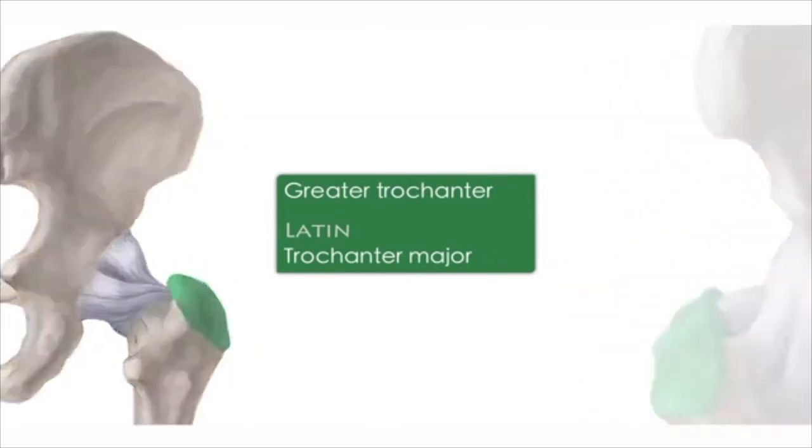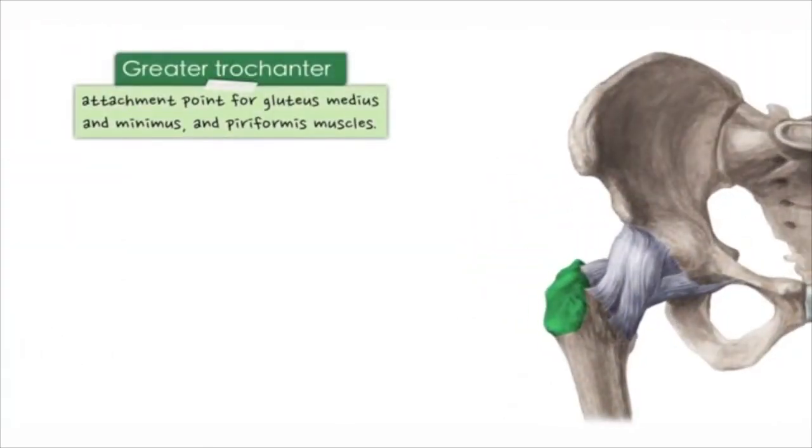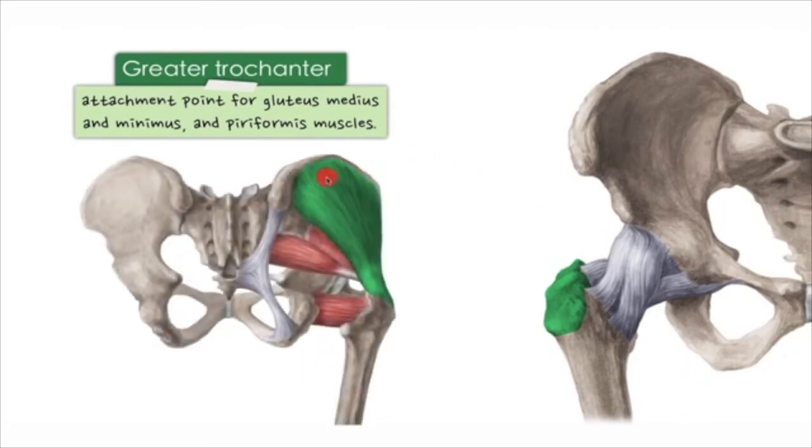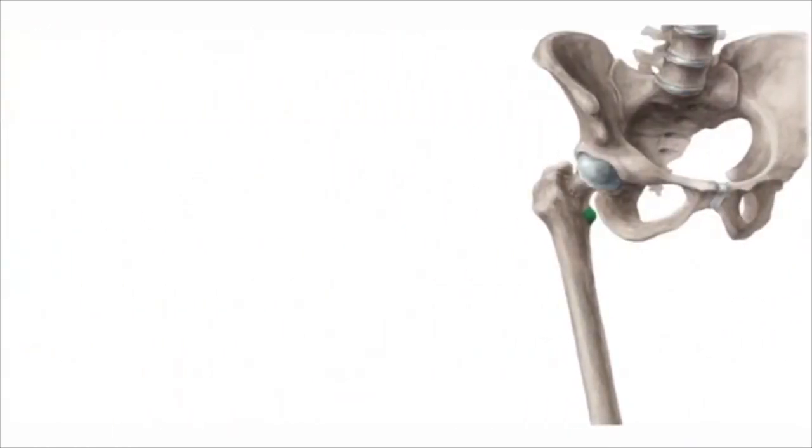And it is used for several things, especially attachment of different muscles, including the gluteus medius that you can find here on this image, attaching here to this greater trochanter, and also others like the gluteus minimus and the piriformis muscles.